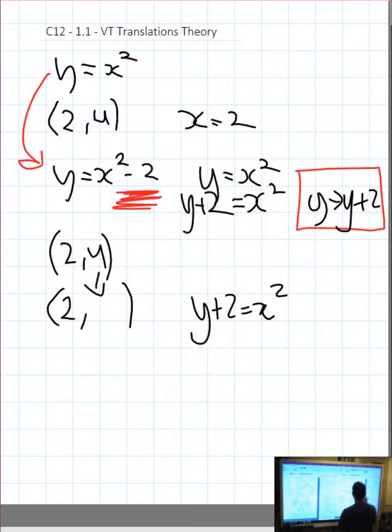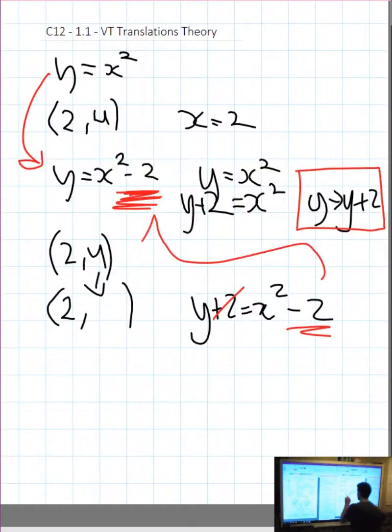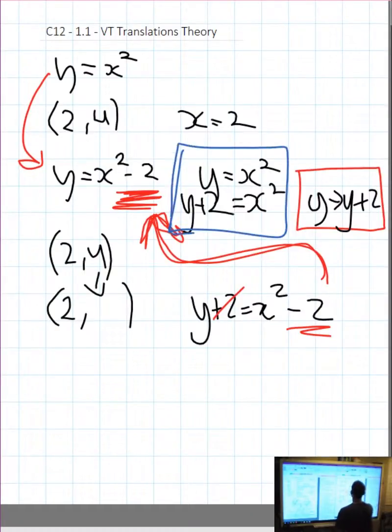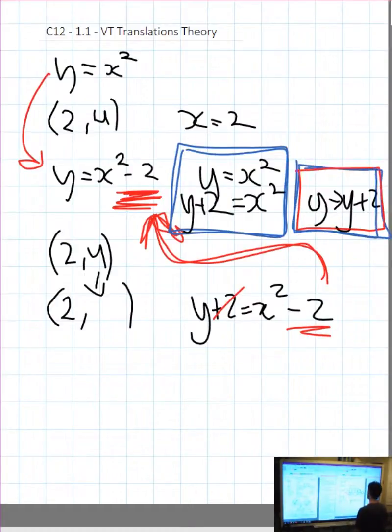So I'm going to subtract 2 from both sides of the equation, and on the right-hand side shows up a negative 2, the same negative 2 we were talking about earlier. So that's where that negative 2 came from. We substituted the opposite operation for the variable, substituting y plus 2 for y, and then simply subtracting 2 from both sides of the equation.